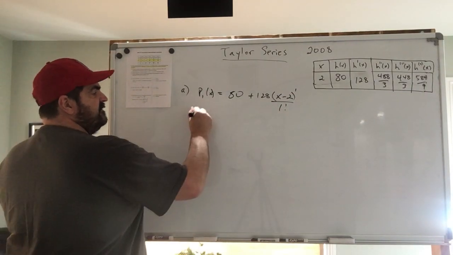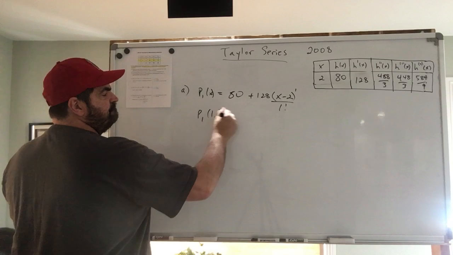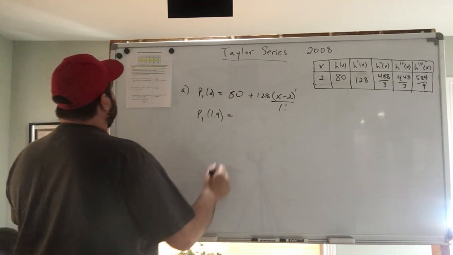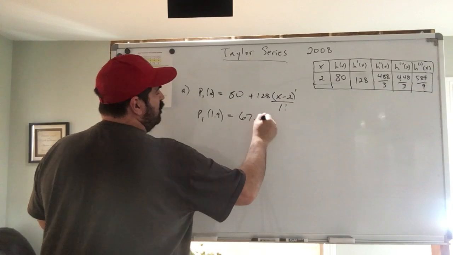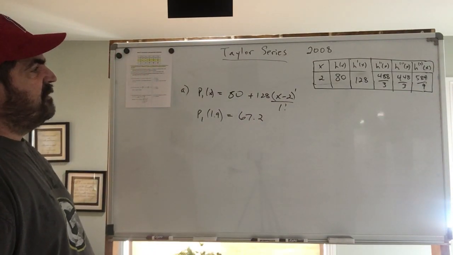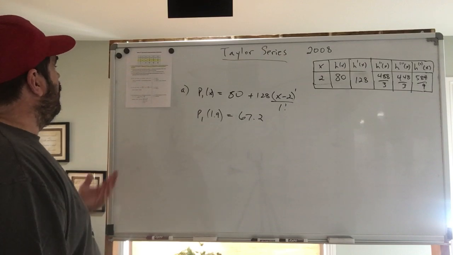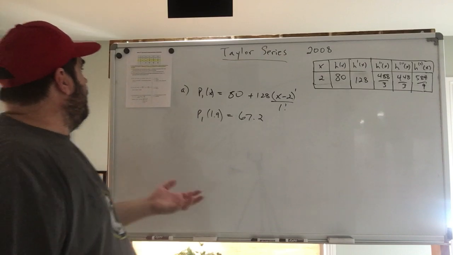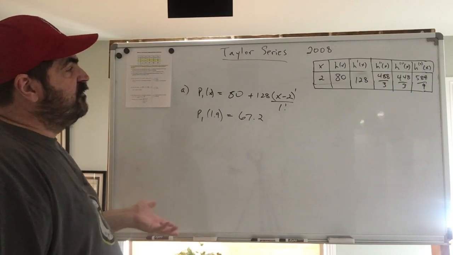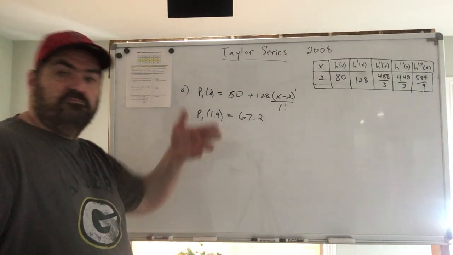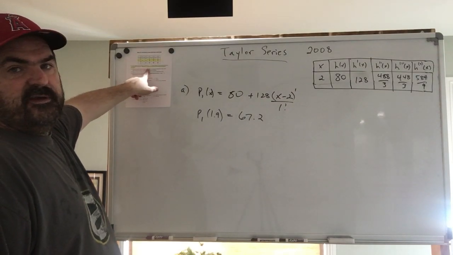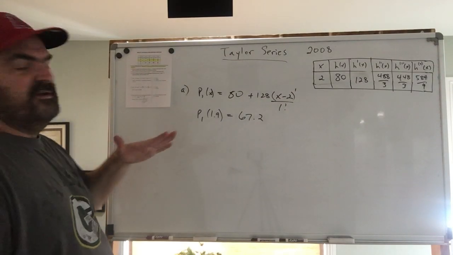They asked us to use it to approximate 1.9. So I plug in 1.9, and I get 67.2. All right, that's my approximation for P1. Well, they asked me, is it greater than or less than the actual h of 1.9? Is our approximation more or less than the actual value? Well, I highlighted, if you look at your notes, it's always increasing.